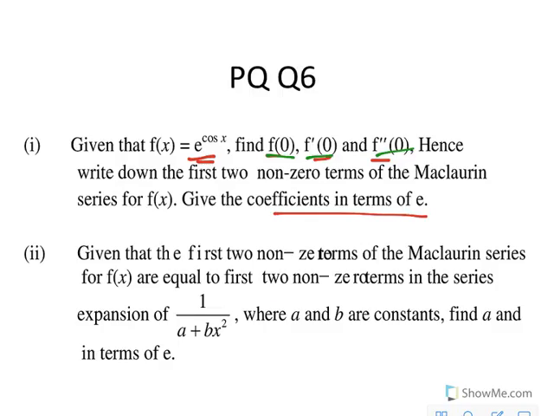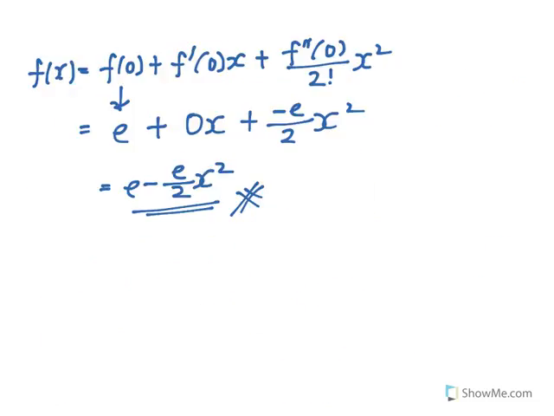So now we need to compare. We say that the first two non-zero terms of the Maclaurin series of f(x) equal the first two non-zero terms of the expansion of 1 over (a plus bx squared). Does it mean we have to do Maclaurin for this too? No, because remember I told you that the power series expansion and Maclaurin are the same, so the answer will be the same.